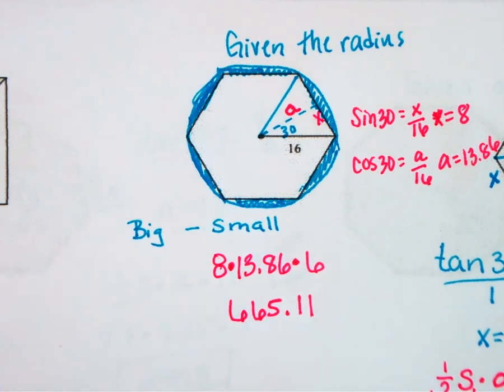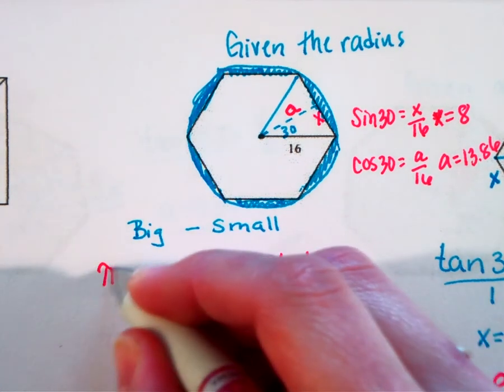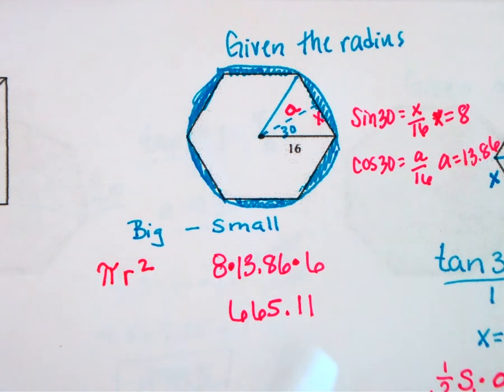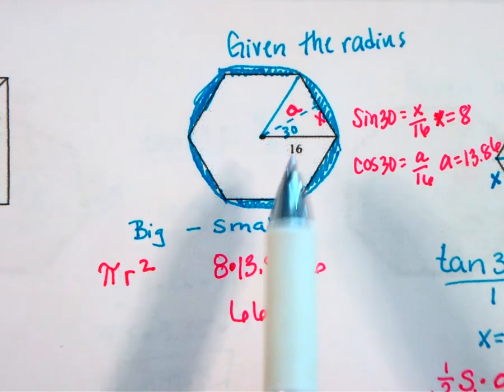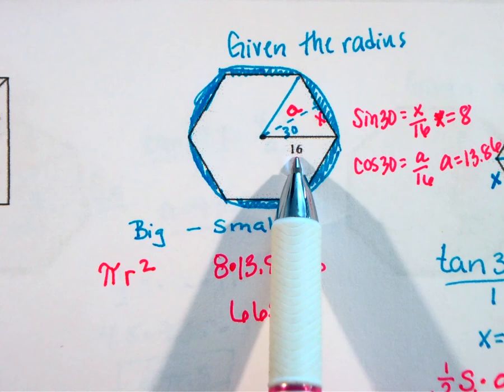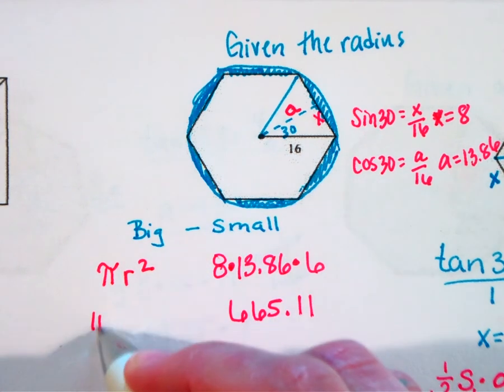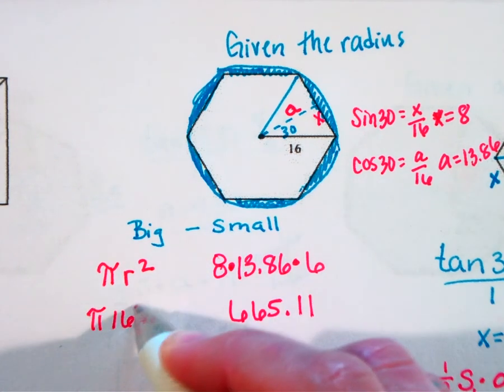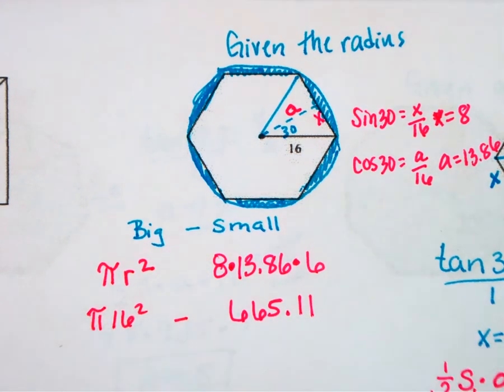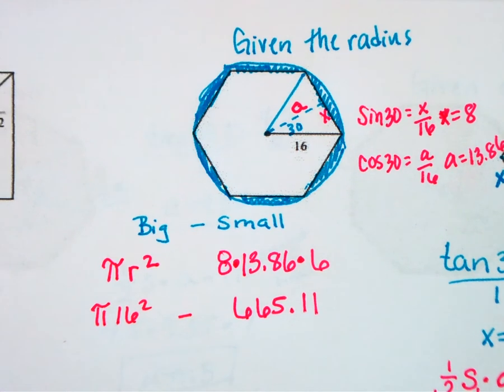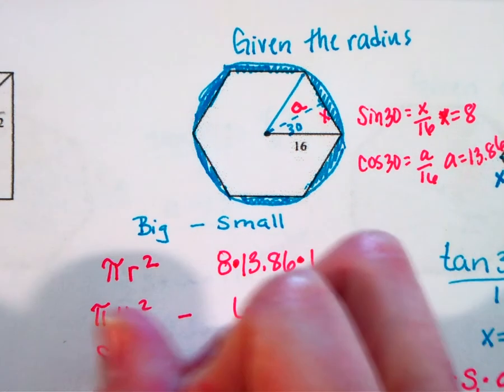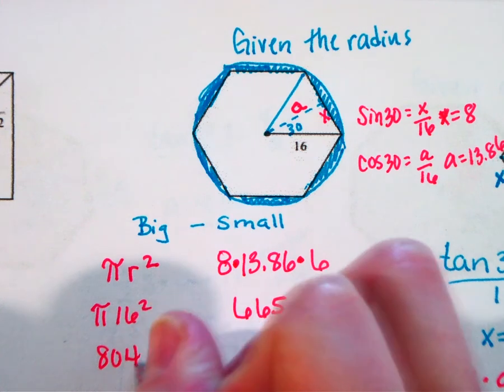Okay, so then the big shape is a circle. Circles are pi radius squared. The radius of this circle is the same as the radius of the hexagon, which is 16. So this is pi 16 squared. So 16 squared, and then I'll go ahead and put the pi in my calculator to get a decimal.